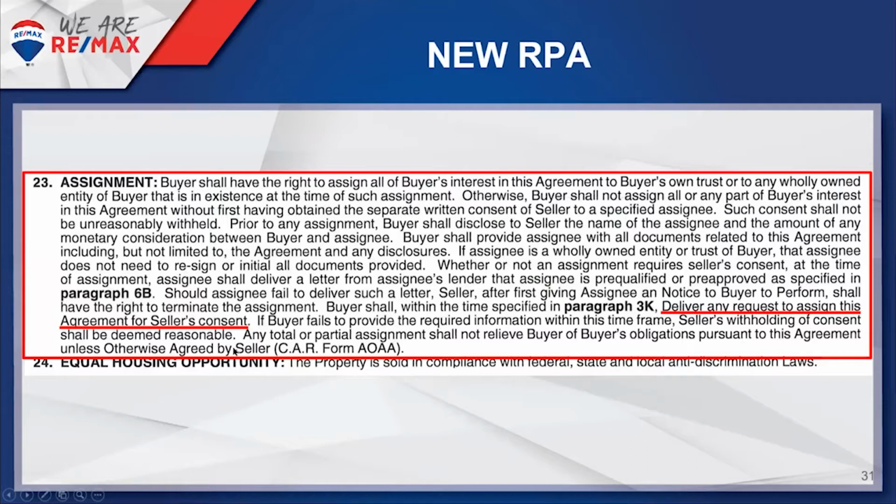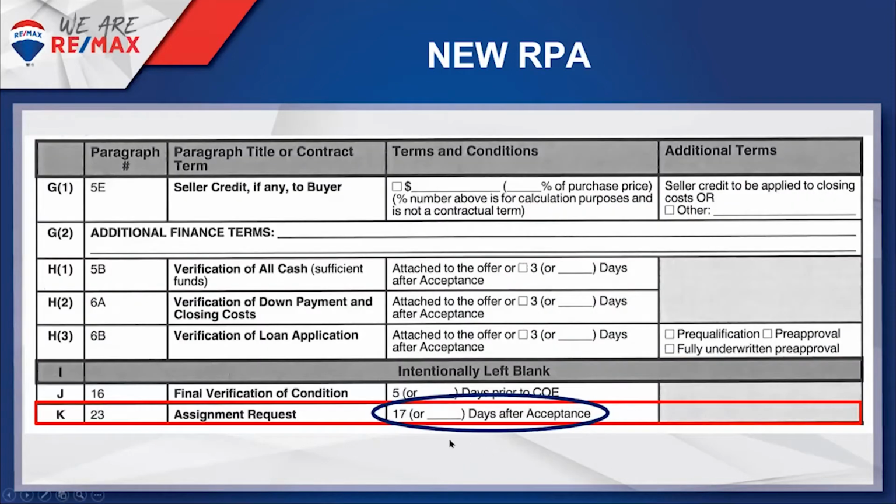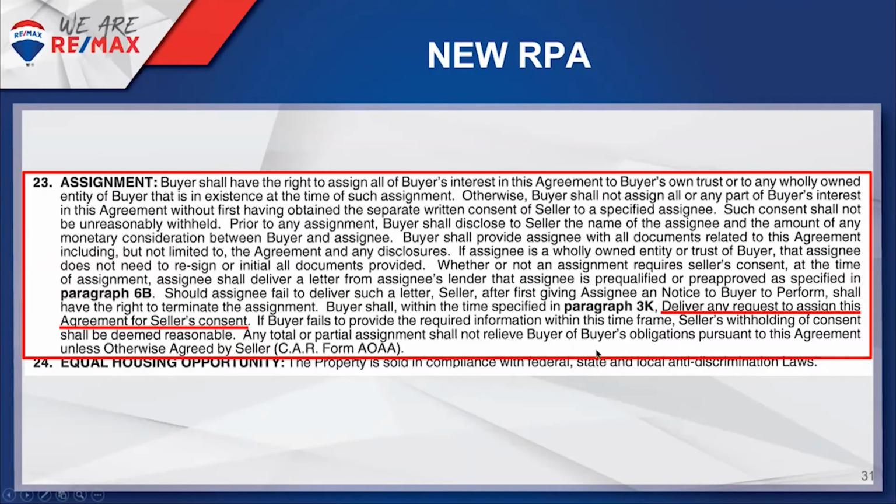So you cannot, well, you can, but the seller's not obligated to approve any assignment at the last minute. If it's not done in that 17-day window or whatever's in this blank, then the seller can withhold their consent. And their withholding of consent is not deemed unreasonable.